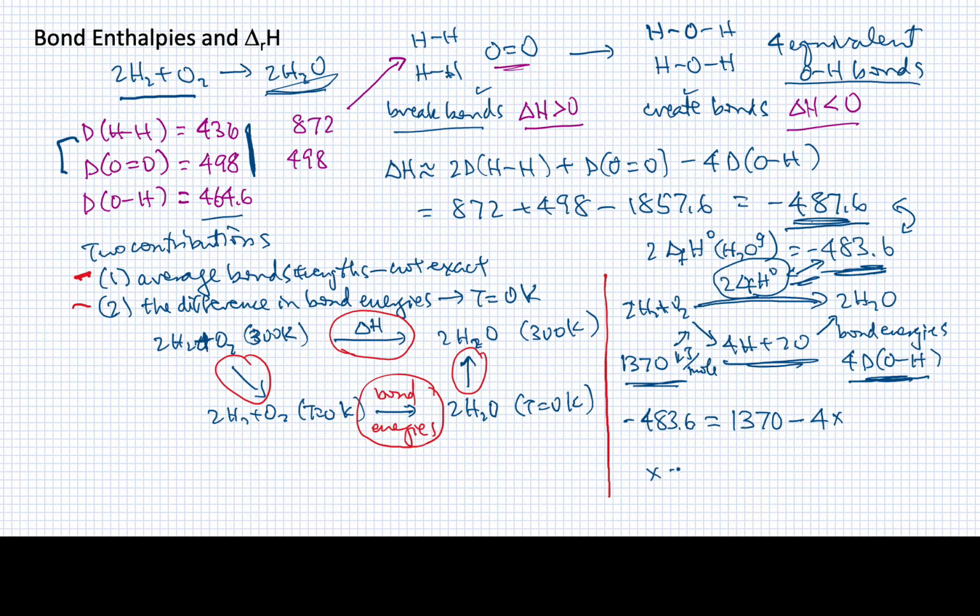And when I solve for x, this simple algebraic equation, what I'll find is that x, which is in effect my oxygen-hydrogen bond strength, is equal to 463.6. So it's 1 kilojoule per mole different from the value that we took from the table. All right. So in this case, actually, sorry, 0.4. So it's a little bit more than a kilojoule.